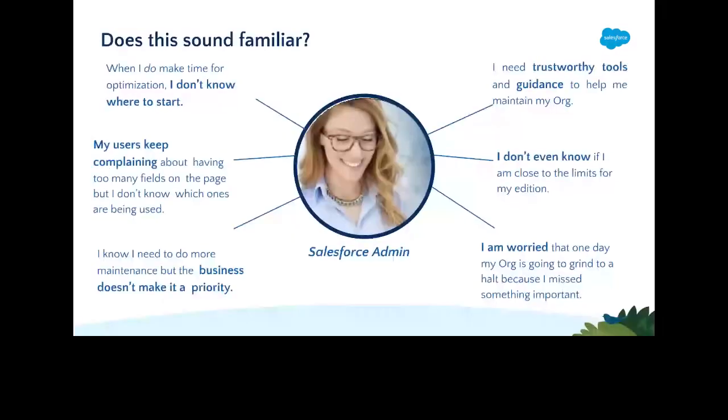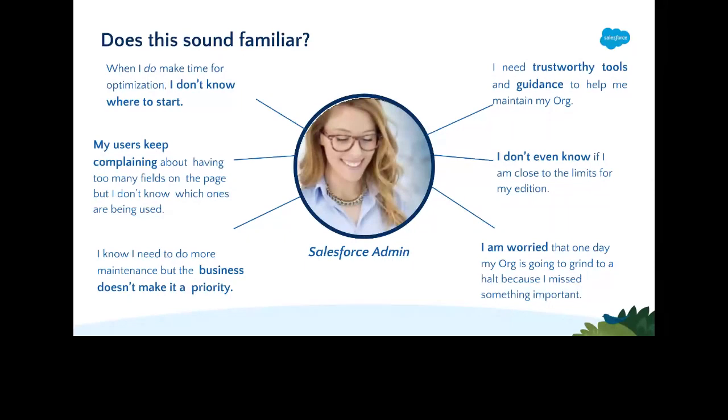So as a Salesforce admin, how many of these do you relate to? When I do make time for optimization, I don't know where to start. Or my users keep complaining about having too many fields on the page, but I don't know which ones are being used. I know I need more maintenance, but the business doesn't make it a priority.